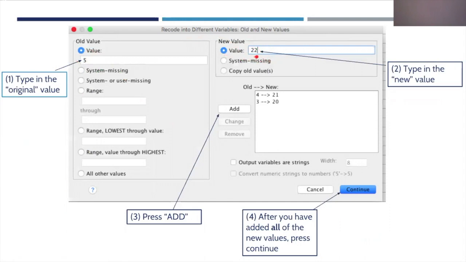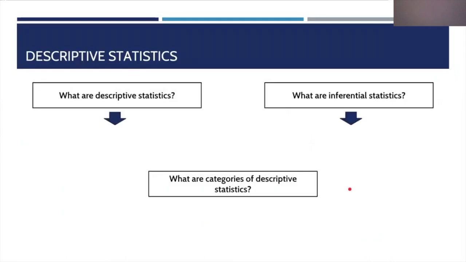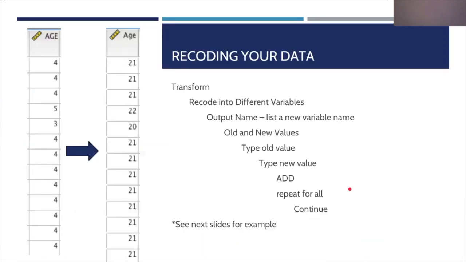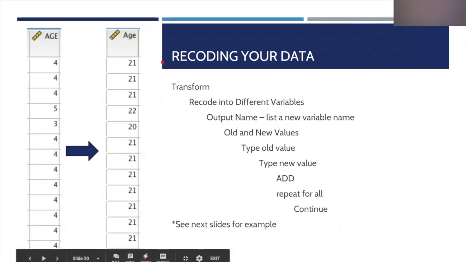So I type in a 22, then I press add, and it will enter into this box. You can see I've already coded 3 to 20 and 4 to 21. Once I've done that for all of my values, I'm going to press continue. And that is where we get this new variable with the appropriate ages recoded.